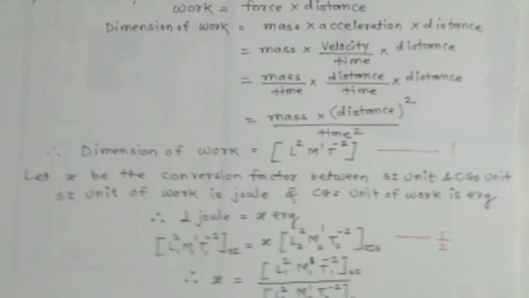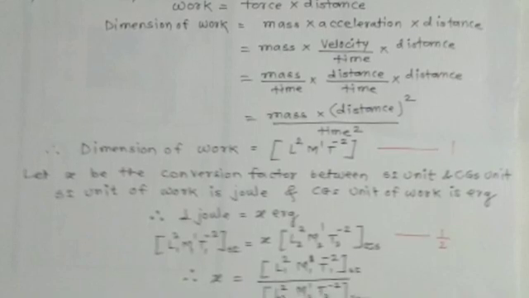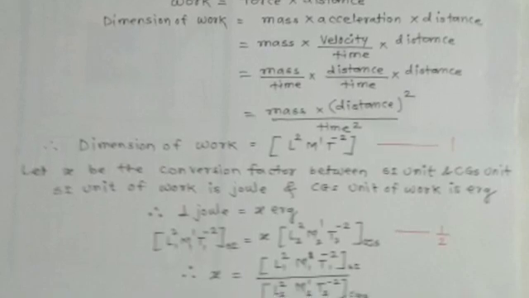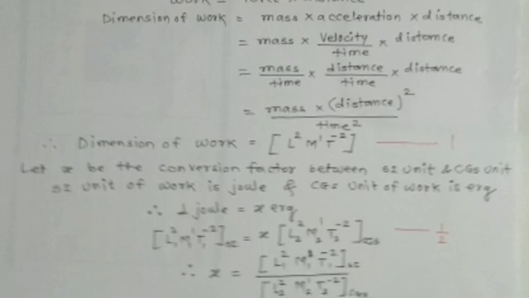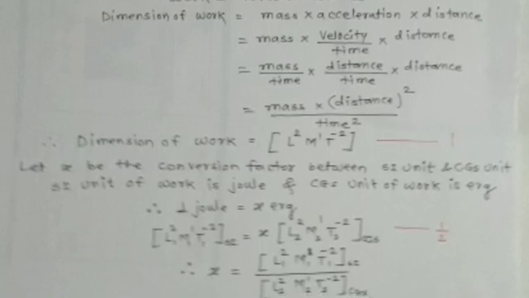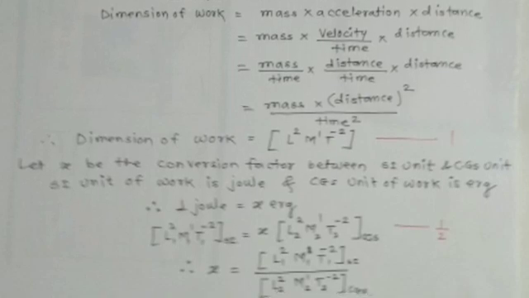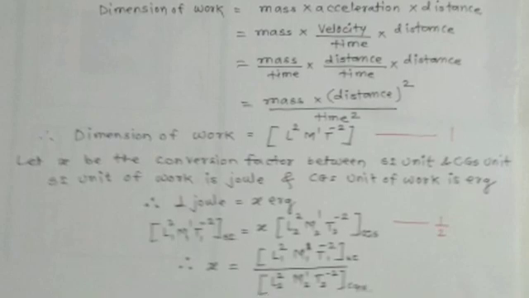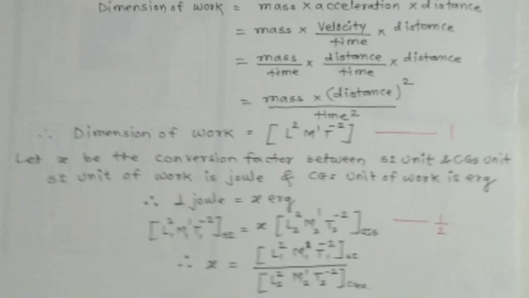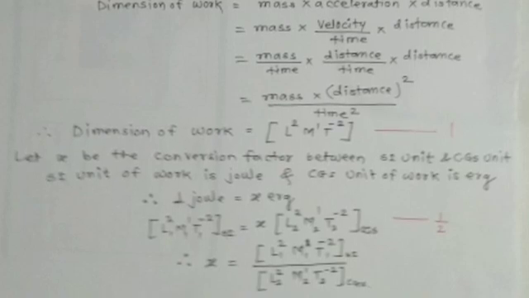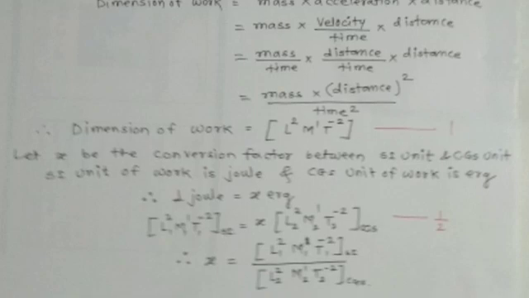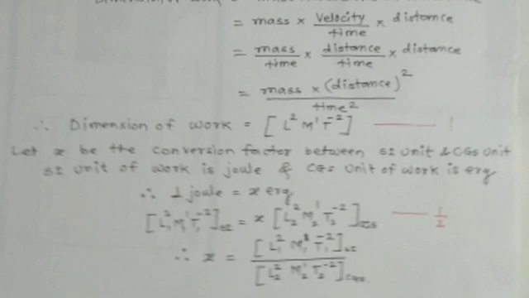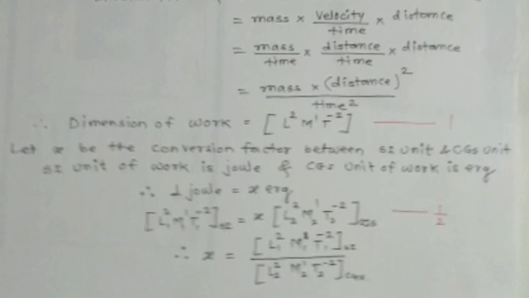[L1^2 M1^1 T1^-2] in SI unit is equal to x [L2^2 M2^1 T2^-2] in CGS unit, and therefore x is equal to [L1^2 M1^1 T1^-2] SI unit divided by [L2^2 M2^1 T2^-2] CGS unit.